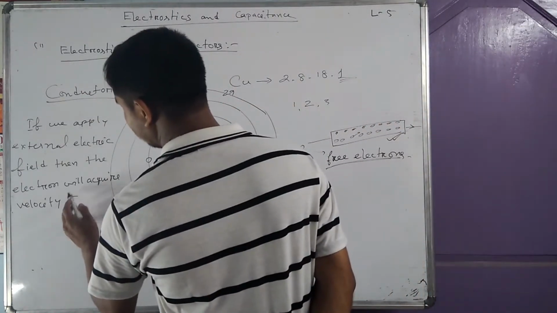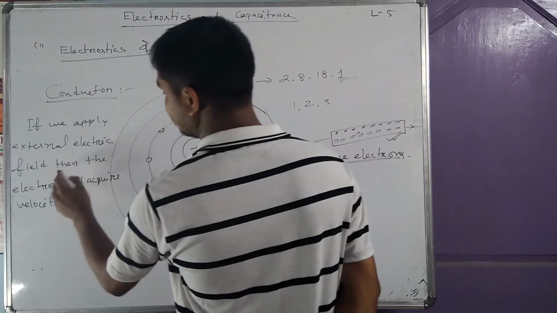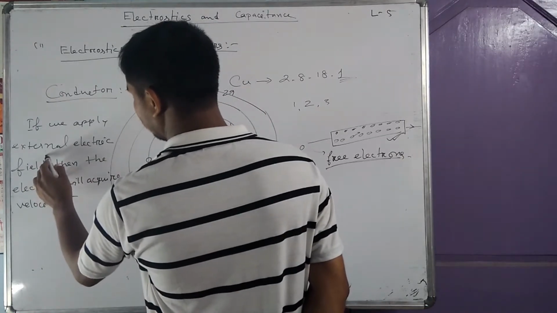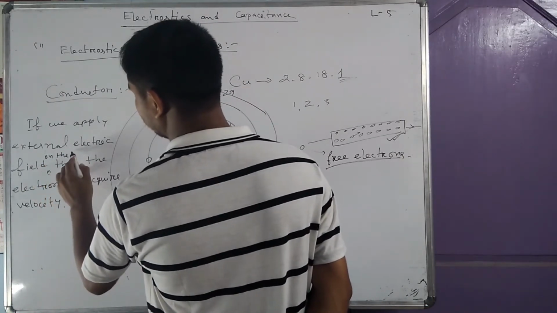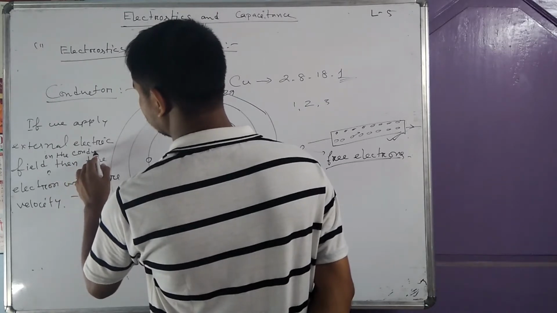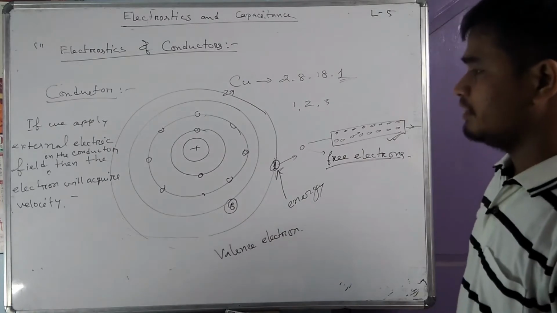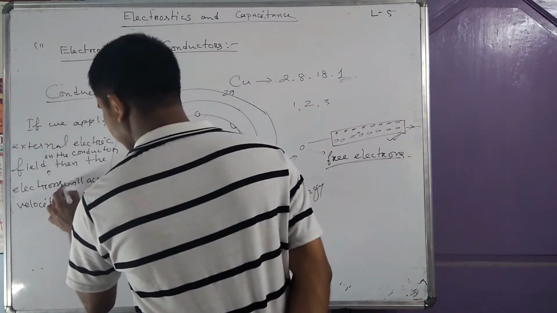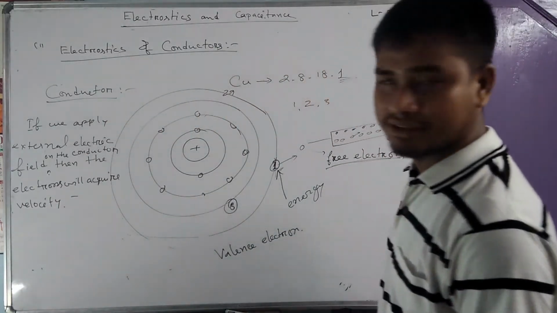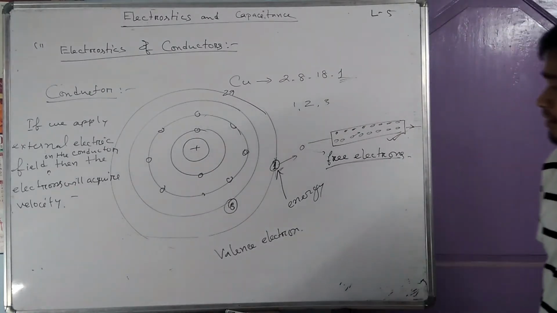This is a conductor. If we apply an external electric field on the conductor, then the electrons will acquire velocity. Clear? Okay.